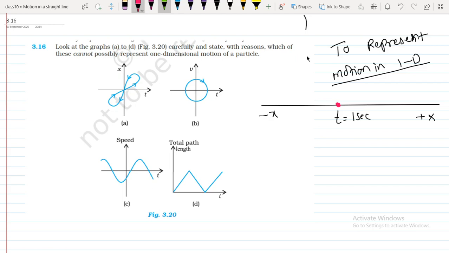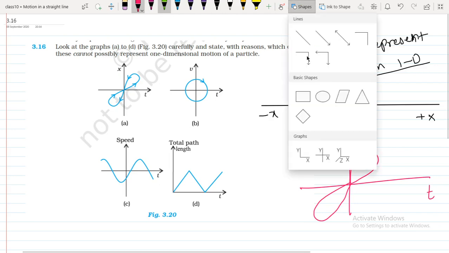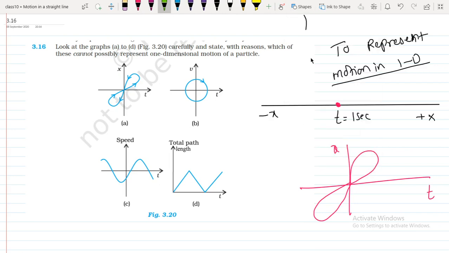So the first graph given is position versus time. The graph is something like this, like a dumbbell. According to my criteria, suppose I take a line parallel to the x-axis at time t equals 1 second. Now this is the location at time t equals 1 second.